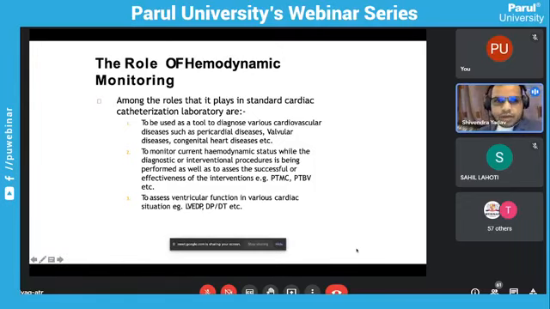In day-to-day procedures, we also do a quick LV end diastolic pressure check during the angiogram, and this is important in patients with severe LV dysfunction. We want to know how much the end diastolic pressure is raised. This is important for finding out diastolic heart failure.